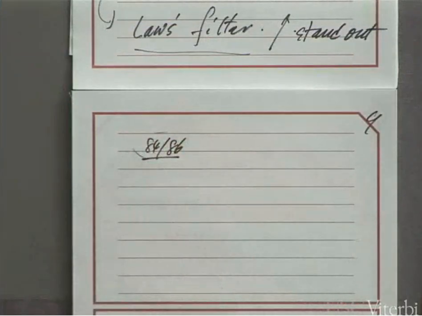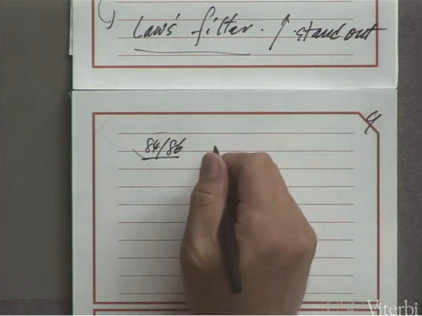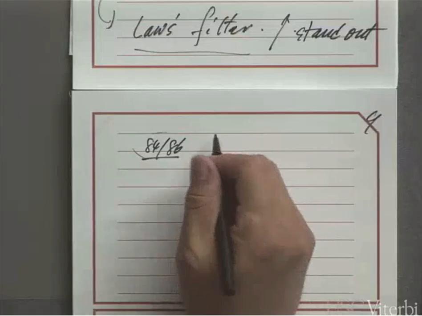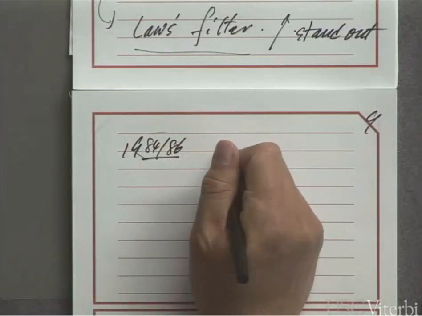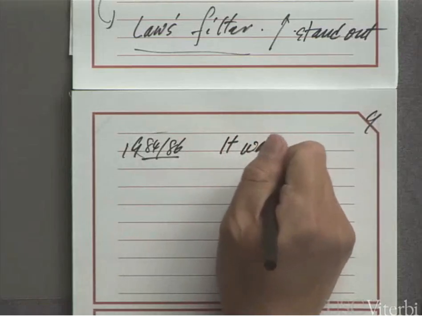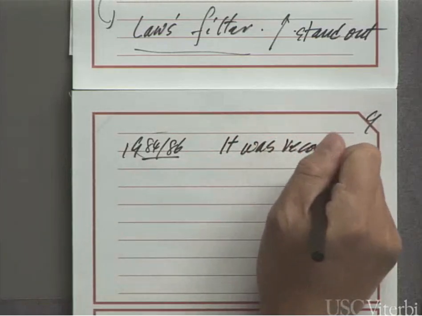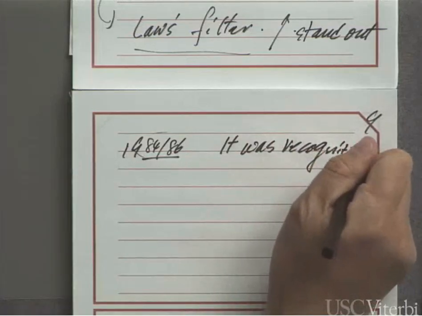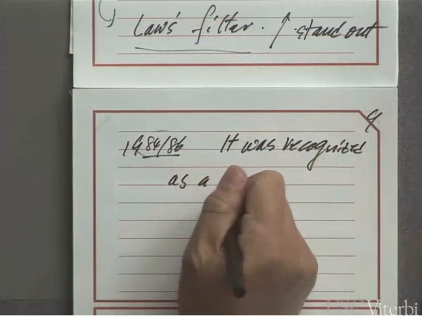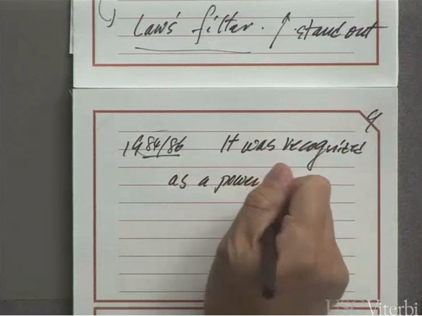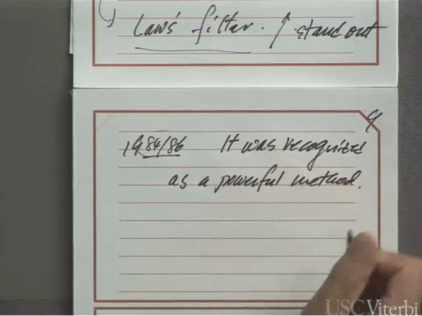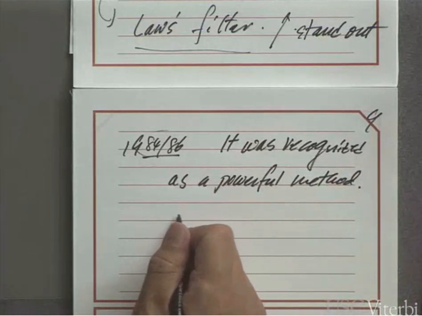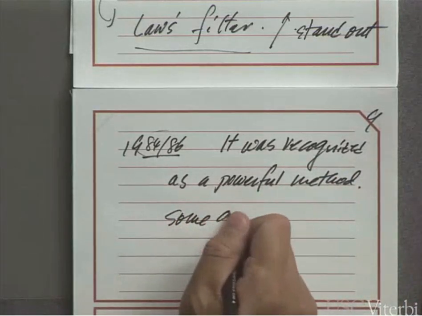Around that time, people started to understand, people tried to understand. People recognized it as a powerful method. So there was some follow-up work, some analysis. People tried to perform the analysis.